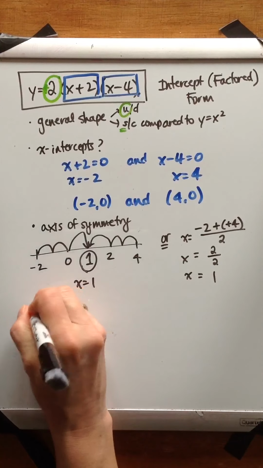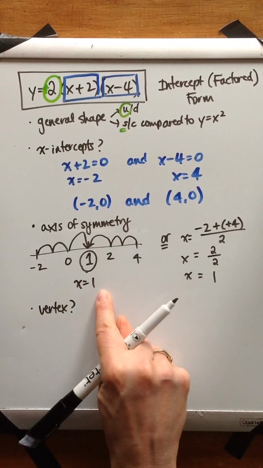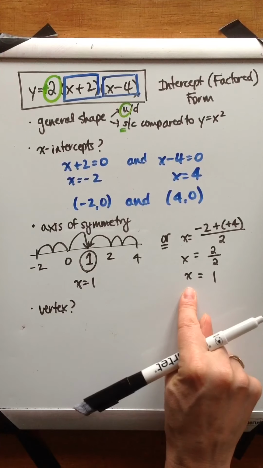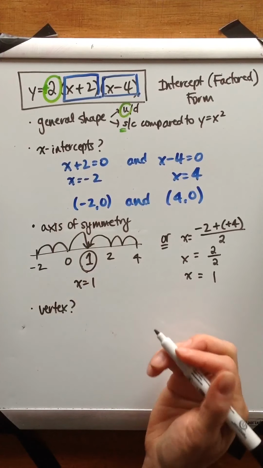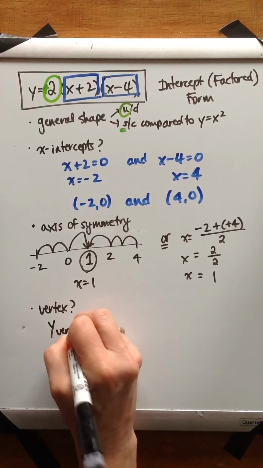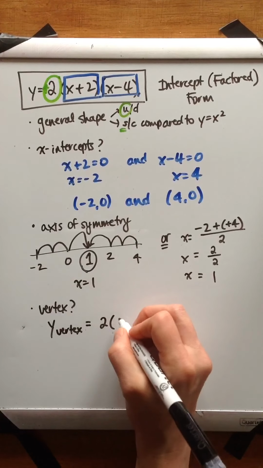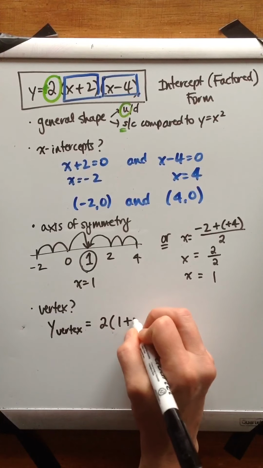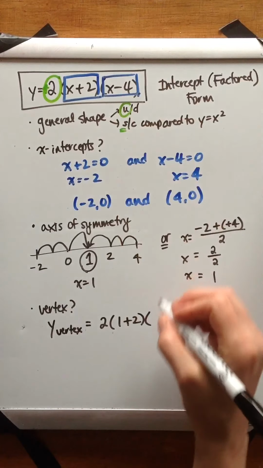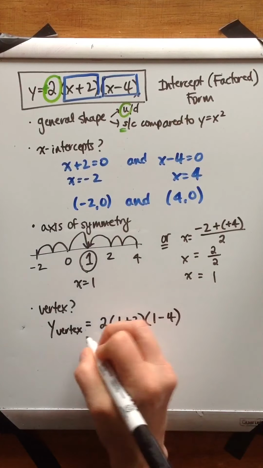How can we then find the vertex? Well, we can find the vertex by taking this axis of symmetry value and plugging it into the equation. So the value of y for the vertex is equal to 2, and let's sub in 1 where there was an x, so 1 plus 2, and sub in 1 where there was an x, 1 minus 4.